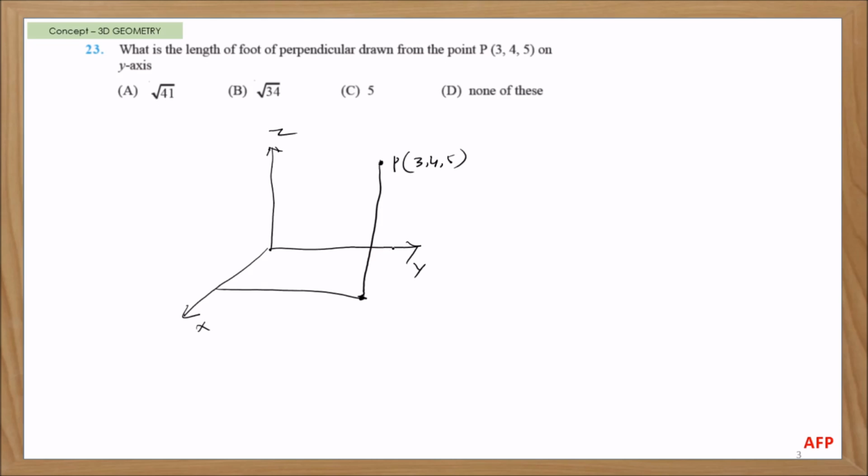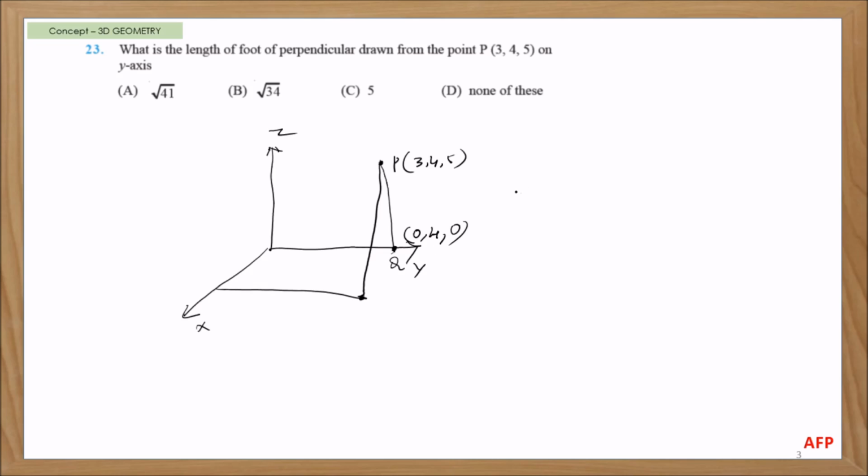On the y-axis, the x ordinate is 0, y is the same, and the z ordinate is 0. This point we have to find.